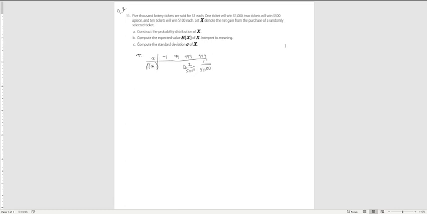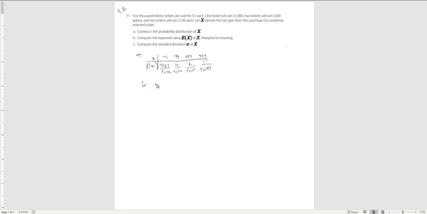And then for 99, that's 10, so we have 10 possibilities out of 5,000. And then losing is everything else, so there's 4,987 possibilities of getting -1. Right, so there's our probability distribution.